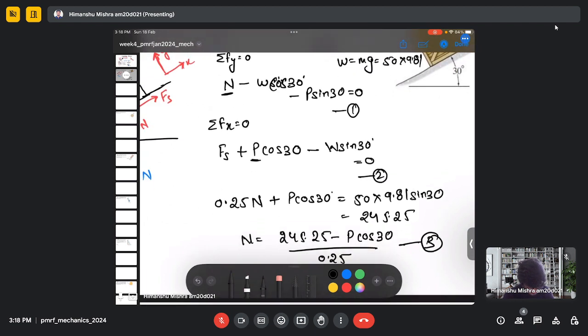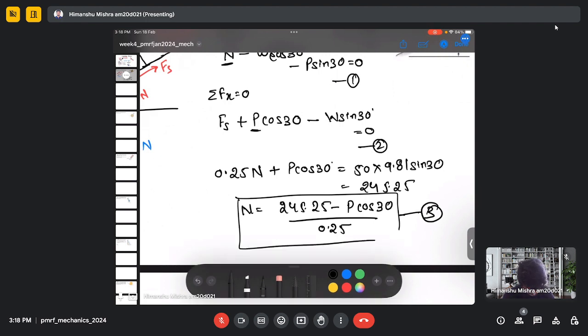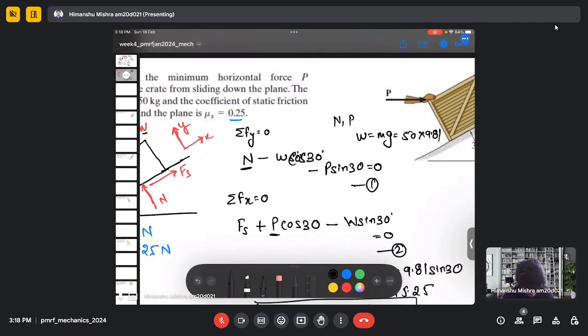Now I can substitute this expression of N in equation 1.